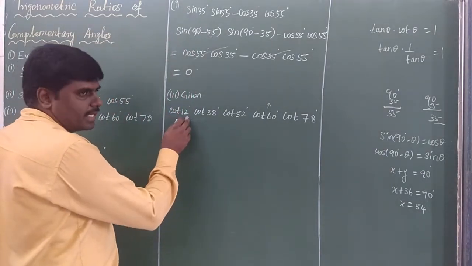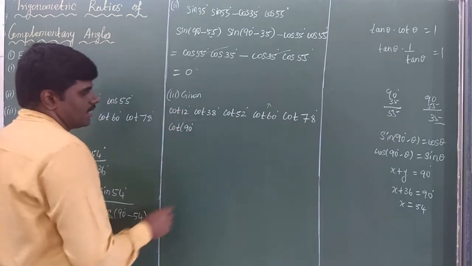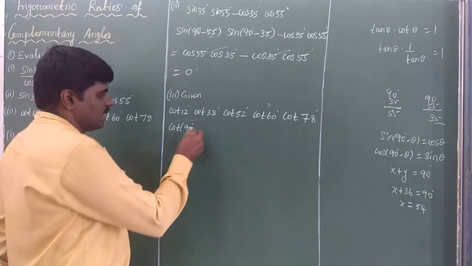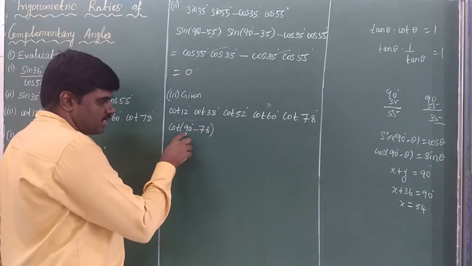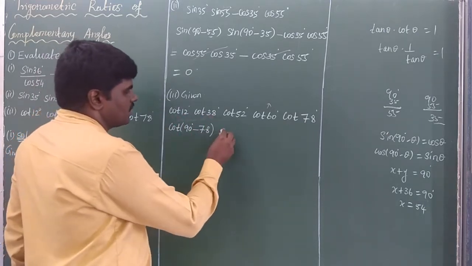Here cot 12 degree only. Here cot of 90 minus 12, that's the meaning, 78. Cot of, just subtract 90 minus 48, 12 degree. Next cot 30 degree.